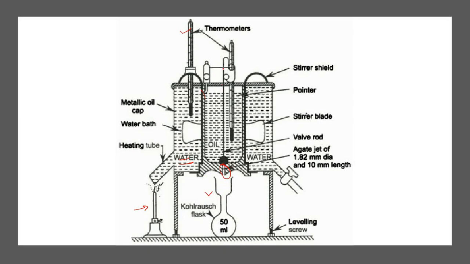This is a ball valve which is used to seal the particular hole at the bottom. There is a stirrer blade. If you stir with the help of this stirrer, the water can attain a uniform temperature.